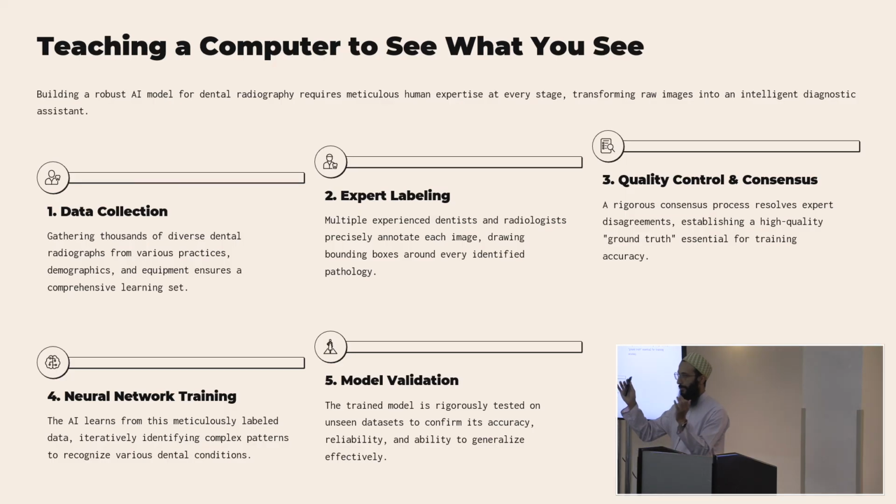And then once you get a bunch of images that are annotated, you do some quality control on them, right? You make sure that there aren't bad actors in there, that they're not messing up the data set. You can do that algorithmically and with a little bit of spot checking. We had dentists on staff that did that. And then you train a model, and then you allow it to predict on new images.